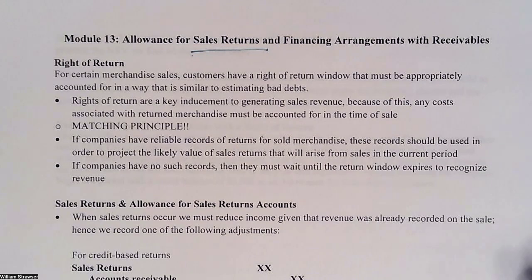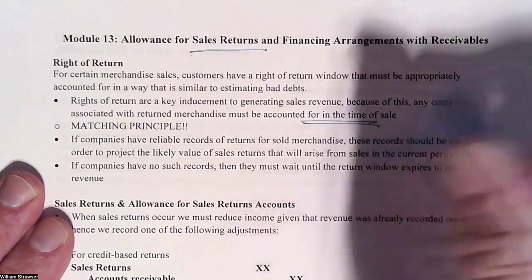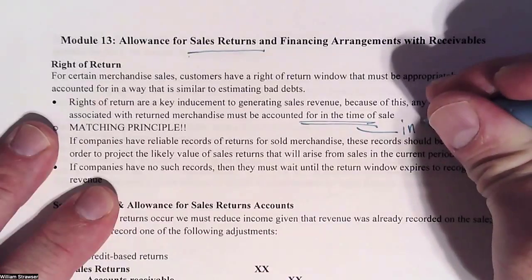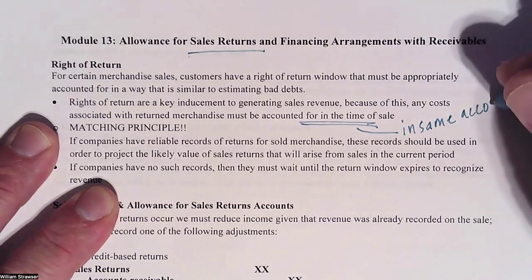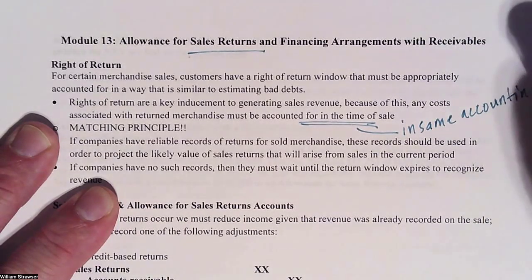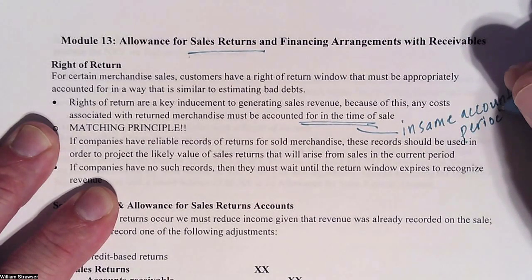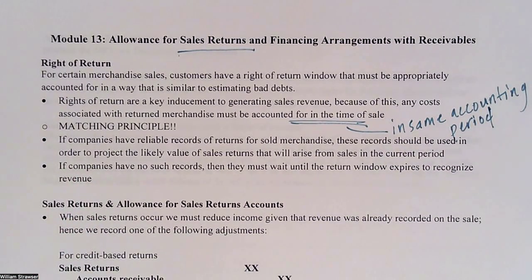So the key of this, though, of course, is we have to account for those expenses in the time of sale. And by the time of sale, what I mean is in the same accounting period. So if we are measuring a quarter and providing a quarterly report, then we have to take those sales data and project what our returns are going to be, what the cost of making those sales is in terms of the returns that could potentially happen even before those returns occur.